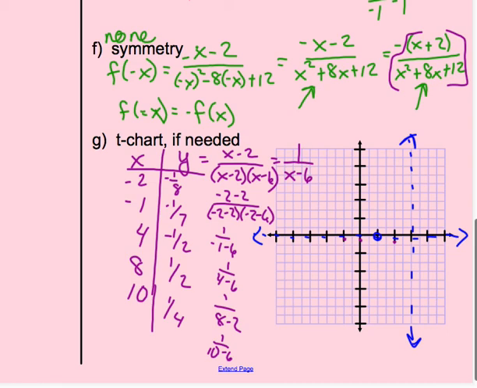We have 8, 1/2 and 10, 1/4. So this one, it looks like, using my asymptotes, the graph is doing something like this. That should be a little bit of a curve. And off to the left of my vertical asymptote, it doesn't really look like I'm using my hole at all. So I'm going to assume it's going along the lines of this, using those asymptotes as guides for my graph.